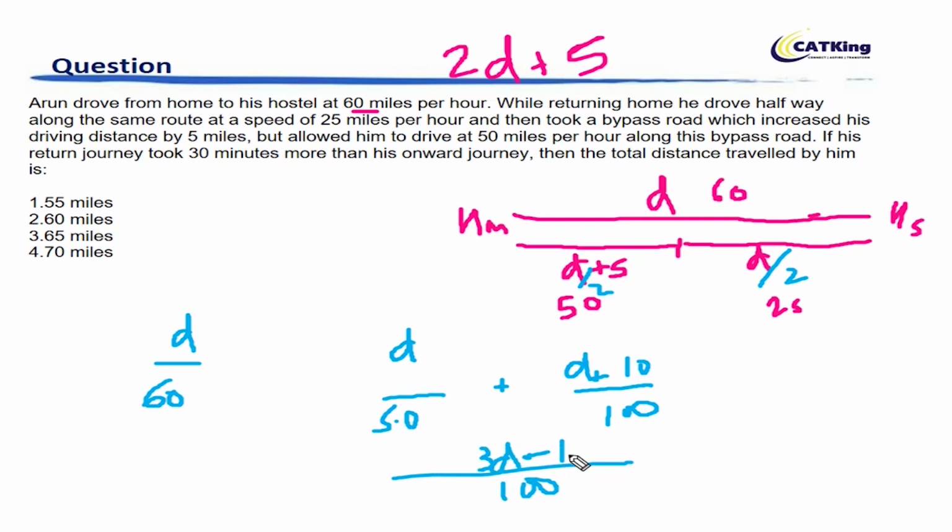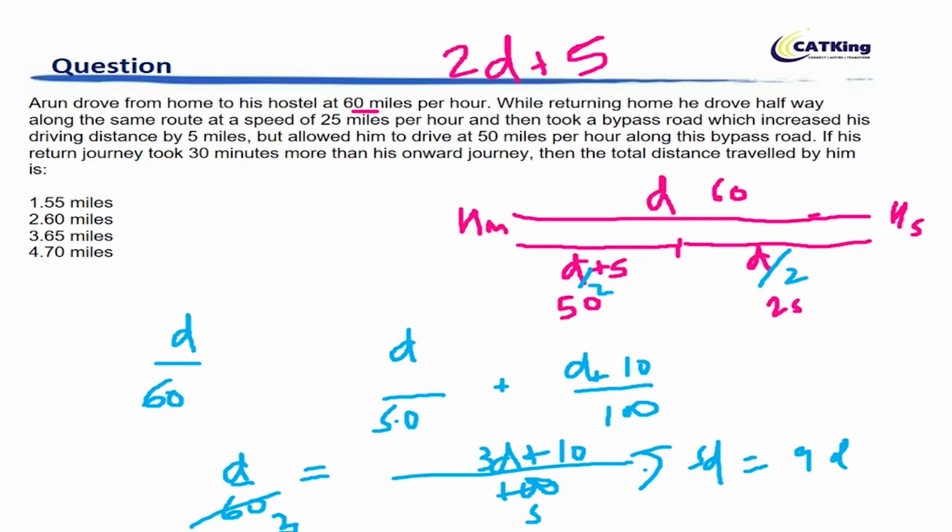Now 3d plus 10 is equal to d upon 60, right? Now this is 3 times, when you divide by 20, this is 5 times, so this 5d becomes equal to 9d.